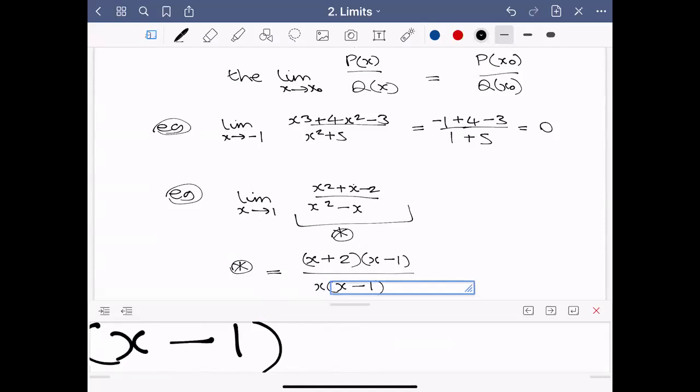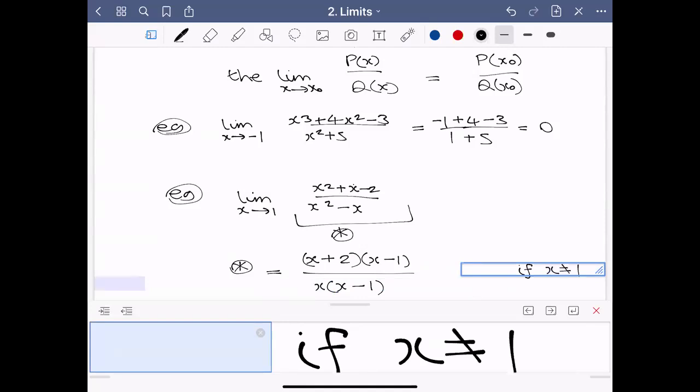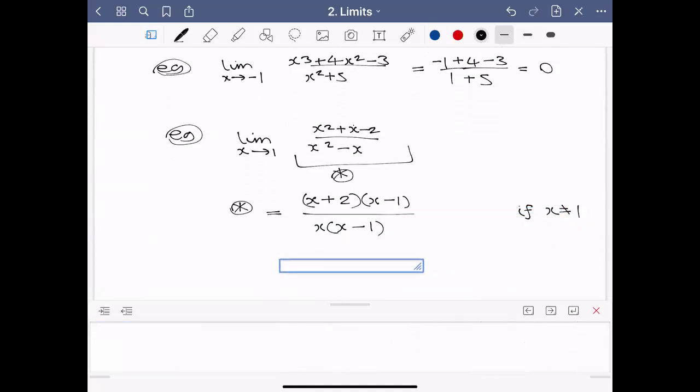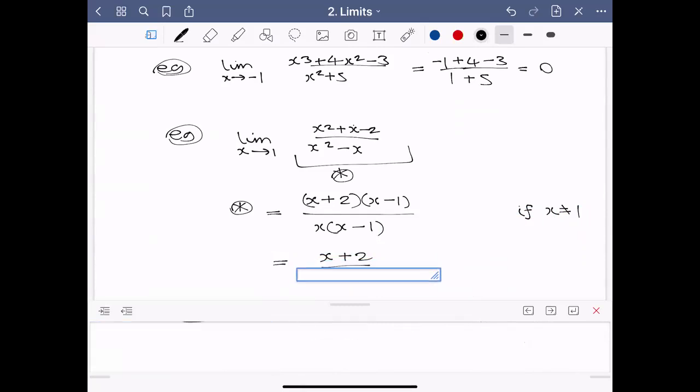And I can cancel the 2x minus 1s if x is not equal to 1. So let's do this here. (x plus 2) over x if x is not 1.